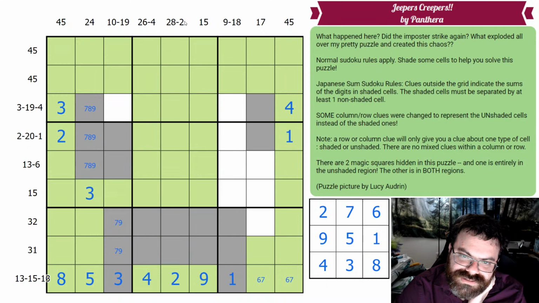Because these both add to 30. And there's no way to make 15 twice without using the 9. So the magic square can't be here.